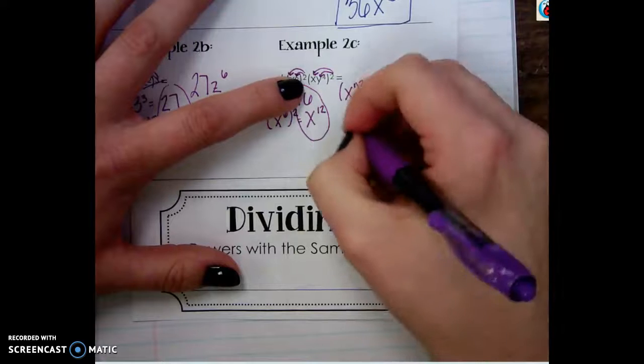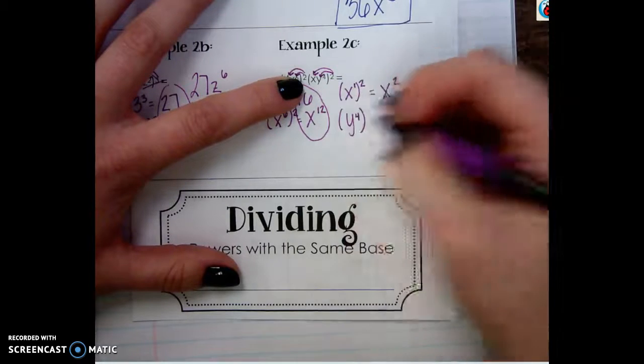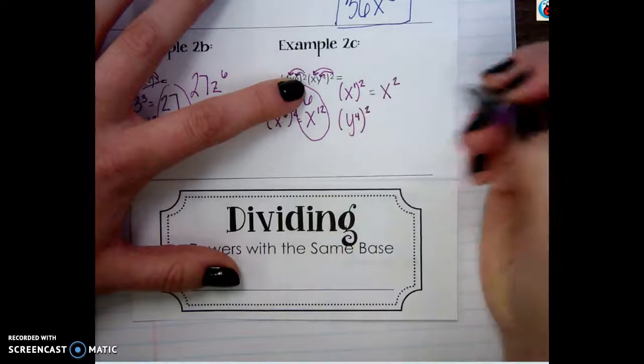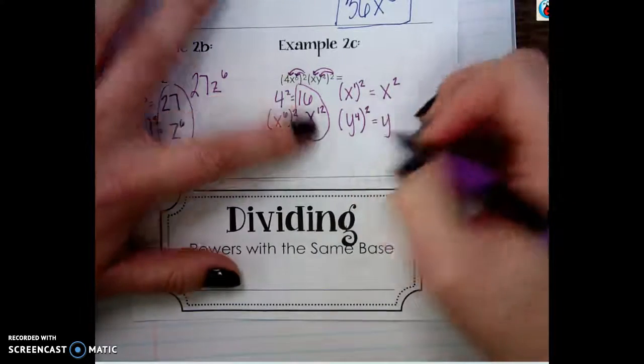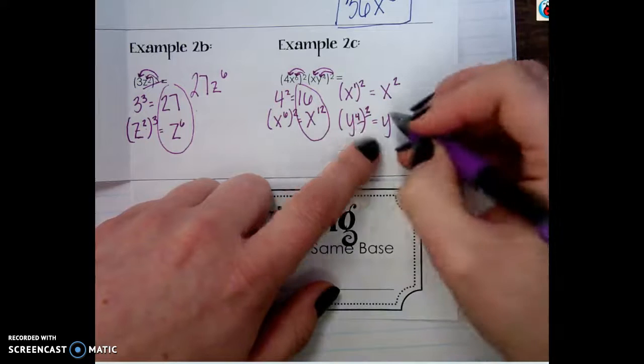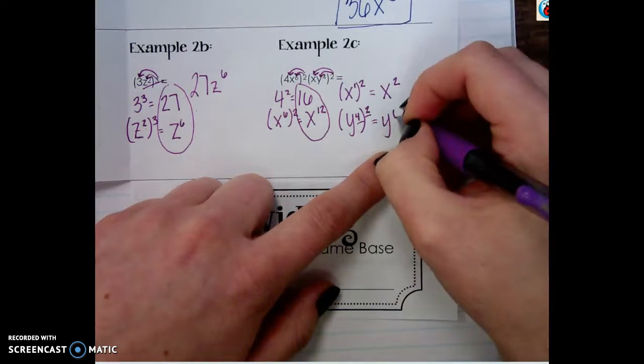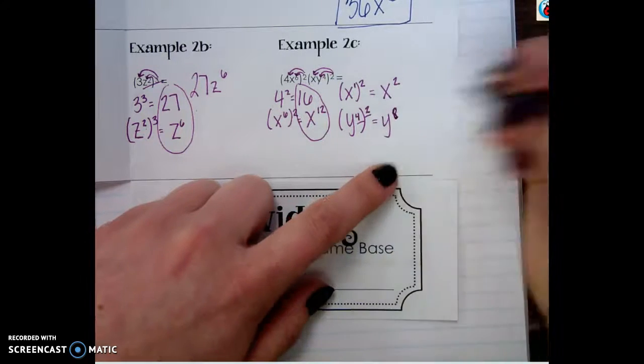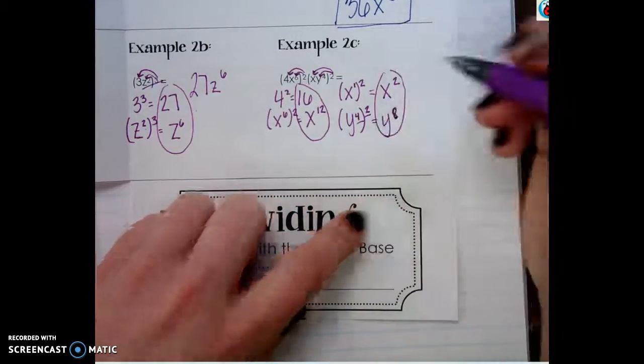And then y we have already to the 4th. We're going to multiply the whole thing, raise it to the second power. Keep your base of y. We're going to multiply our exponents. 4 times 2 is 8. And that's going to be another part of your answer.